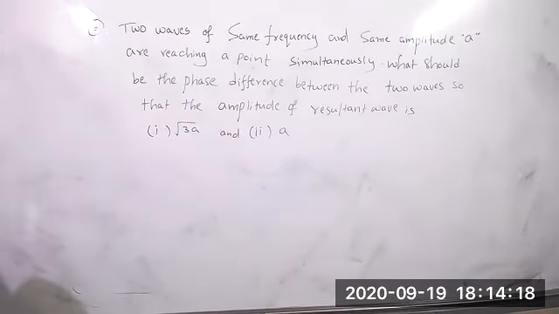See, two waves of same frequency, same amplitude a, are reaching the point simultaneously. What should be the phase difference between the two waves so that the amplitude of the resultant wave is root 3a? When will it become amplitude root 3a and when will it become a?